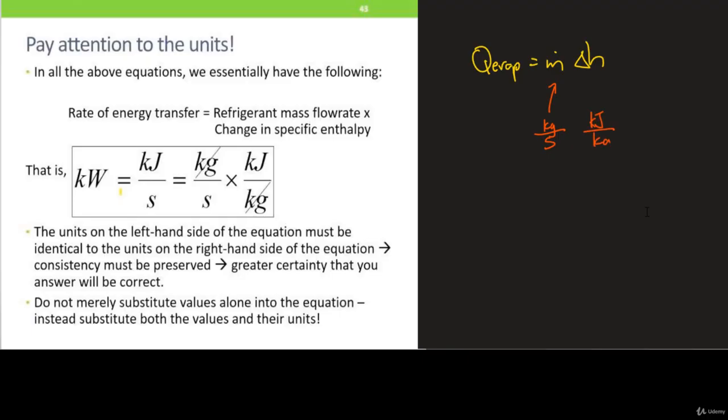If you cancel off the kilogram, you will be left with kilojoules per second, which is energy divided by time. This will give you the units of kilowatts. So for your answer, always write your final answer in terms of kilowatts. Be it Q evap, WCOM, or Q condenser, it is all in terms of kilowatts.